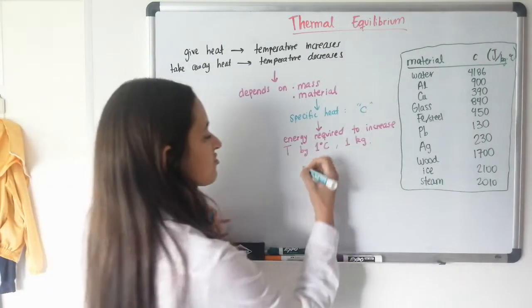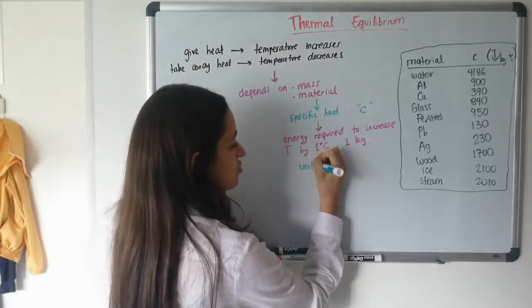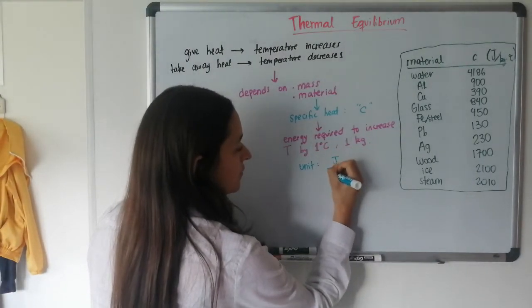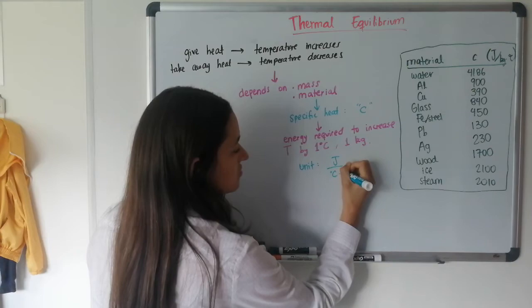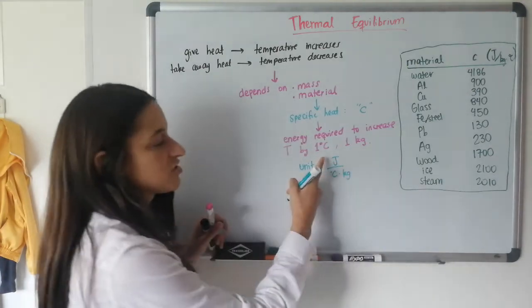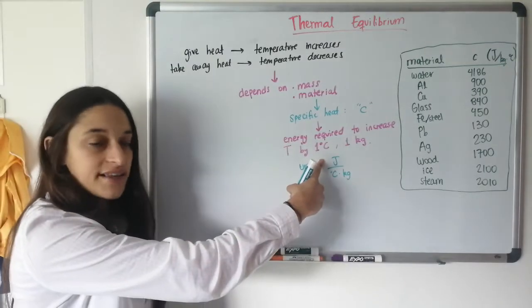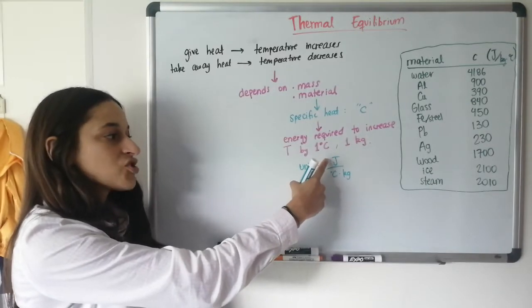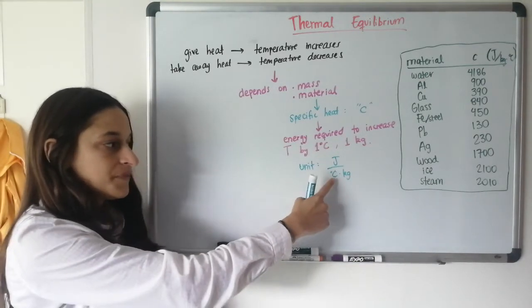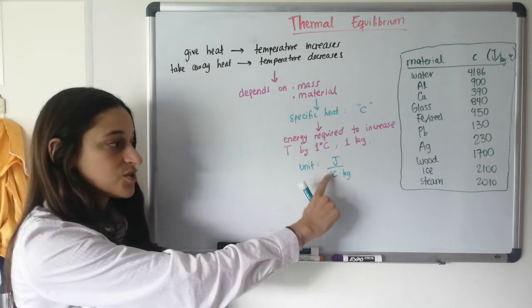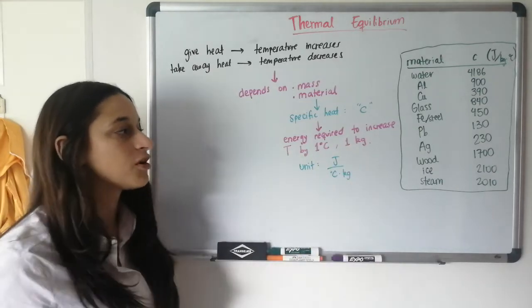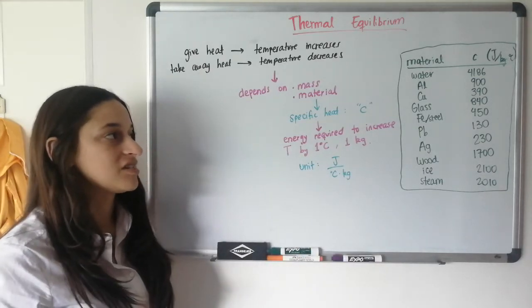So the unit of specific heat is joules per kilogram degree Celsius, because joules is energy. We saw that last year. So it tells you how much energy you need per degree to change the temperature of 1 kilogram of the substance by 1 degree.